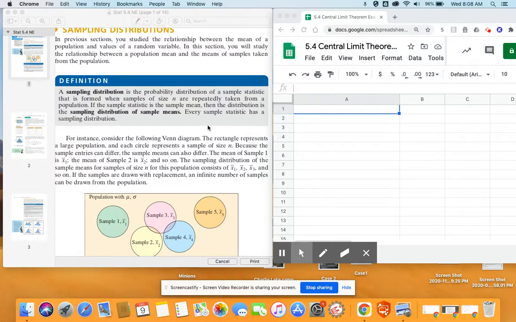In this section, what we're really going to be doing is taking samples of data points and comparing the mean or the average of that sample to the population and calculating percentages that way.